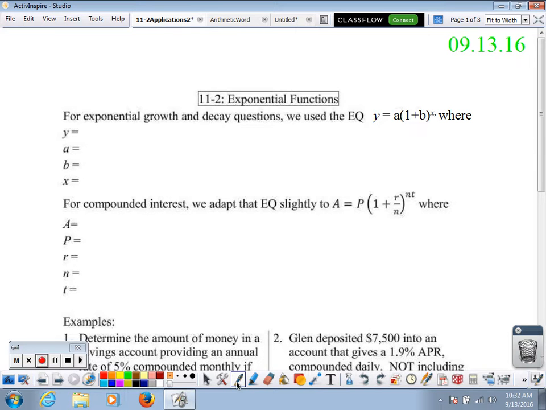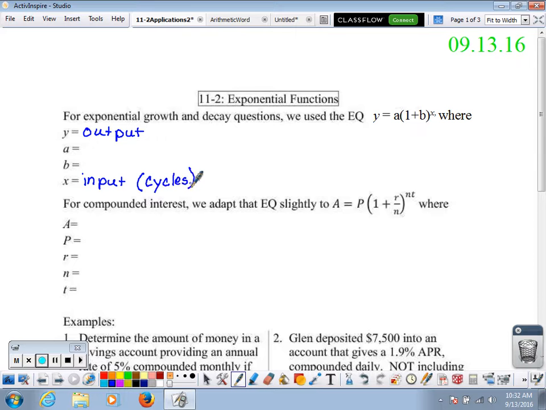Okay, x and y, we know those are our input and output. X is input and y is output. But more specifically, they go very, very close hand in hand. X isn't just input. When we're talking about exponential growth and decays, we're talking about cycles.